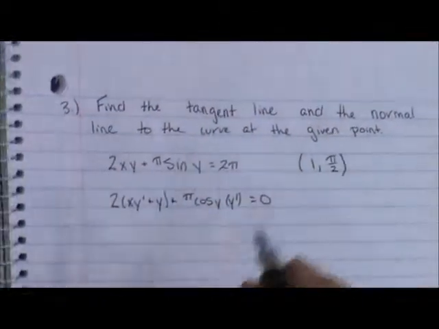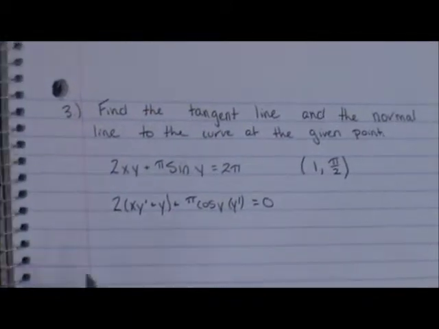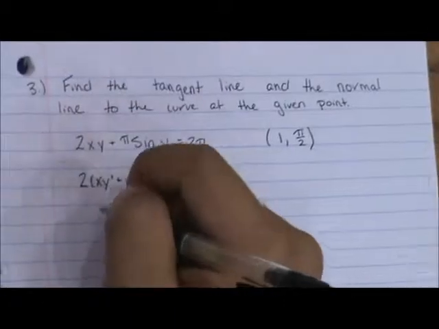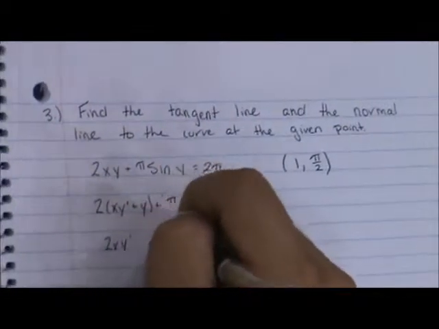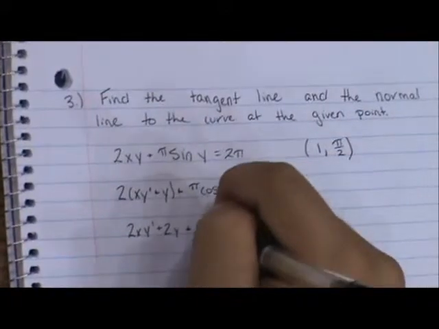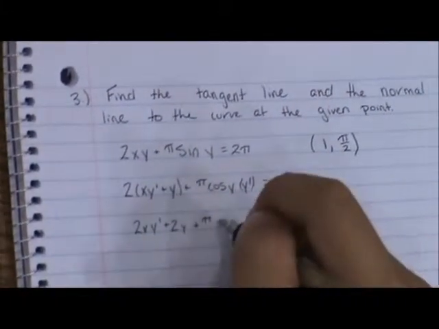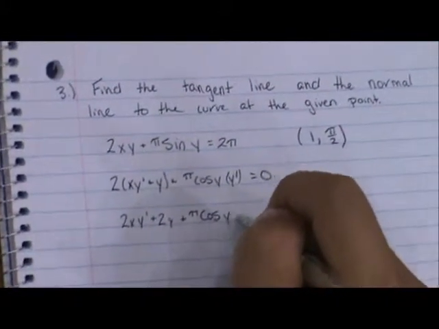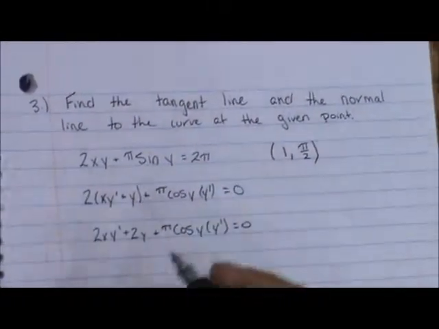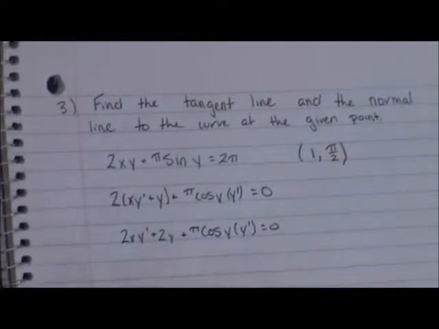equals 0. Well, next you distribute the 2 to the xy prime plus y, so you get 2xy prime plus 2y plus pi cosine of y times y prime equals 0. Now you're able to subtract the 2y from the equation.